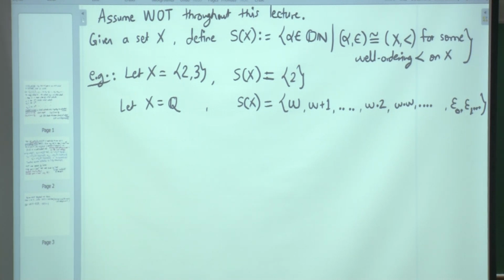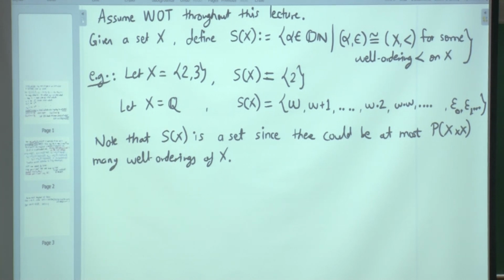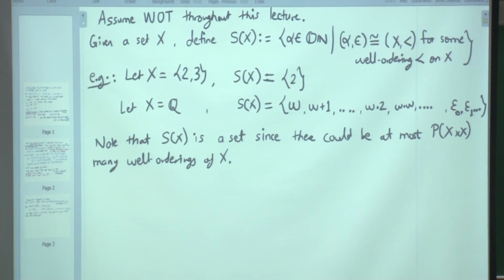So let us notice the set part first. Note that S of X is a set since there could be at most power set of X cross X many well orderings of X. Every well order less than is a subset of X cross X, so therefore there could be only so many well orders, and power set of X cross X is a set.